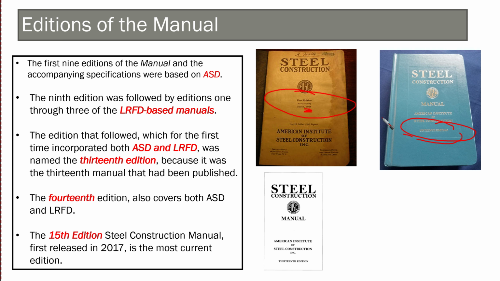So actually there is a story between the first and the 15th edition. The first 9 editions of the manual and the accompanying specifications were based on ASD. We have already talked about ASD and LRFD last time. The 9th edition was followed by editions 1 through 3 of the LRFD based manual.